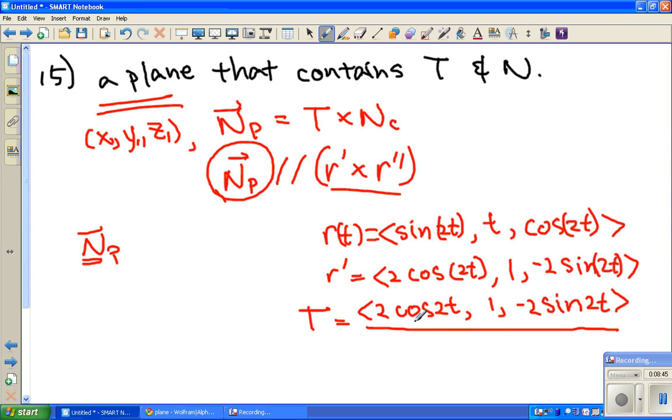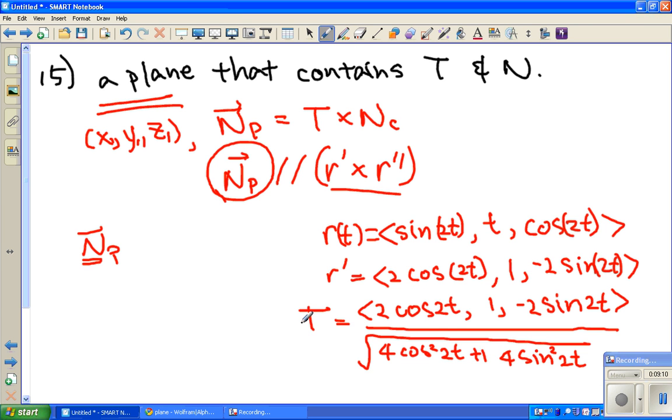Now you will realize the magnitude of this one simply becomes 4 cosine squared 2t plus 1 plus 4 sine squared 2t, which will be equal to, the denominator now becomes simply square root of 5.